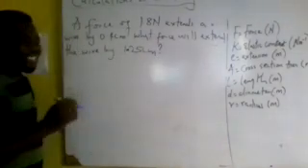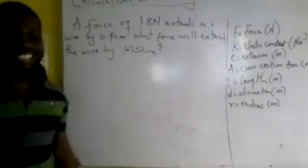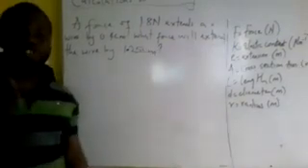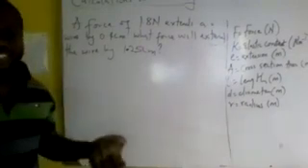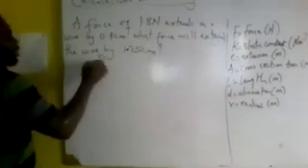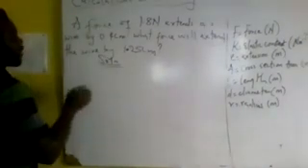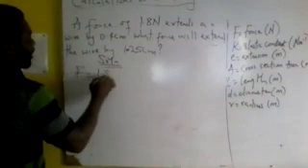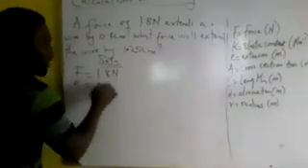Now, for us to solve this question, I always tell people the first thing is that when you have a question on elasticity, particularly one that requires the use of Hooke's law formula, most of the questions will be on comparing, or what we call comparison. What do I mean by that? Look at what we have here. The first is force. They said a force of 1.8 newtons extends a wire by, meaning that your extension is 0.4 centimeters.